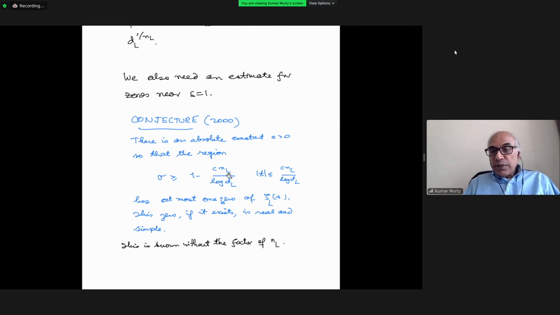Again, we know this if you don't ask for this degree factor. That's an easy consequence of the functional equation and the Hadamard product formula. So 1 minus a constant over log discriminant, and absolute value of t less than or equal to a constant over log discriminant, is known. So I'm asking, can we add the degree N_L?